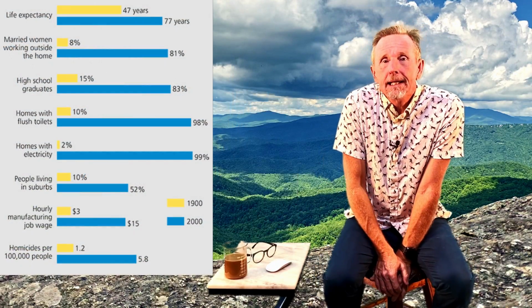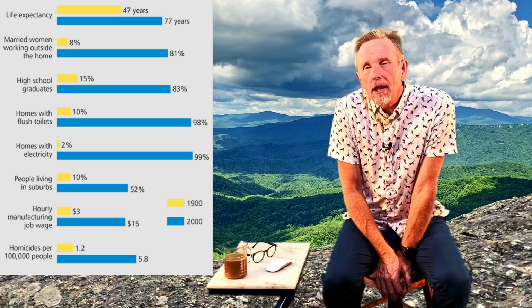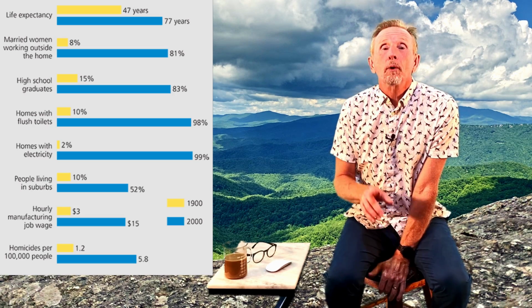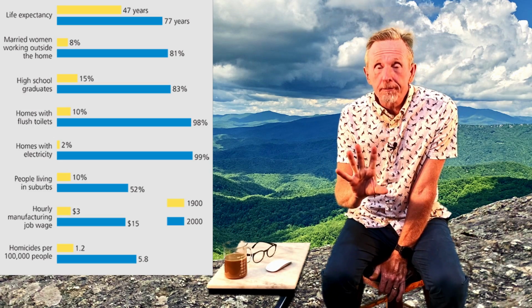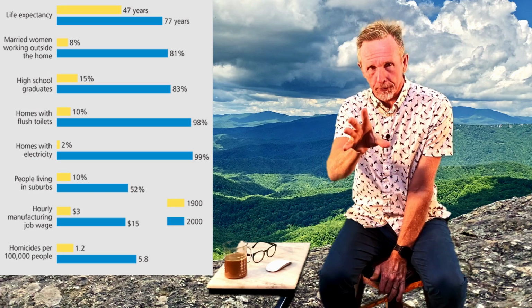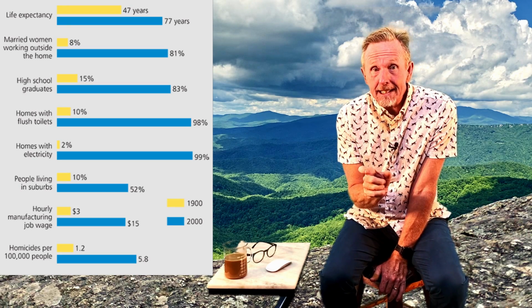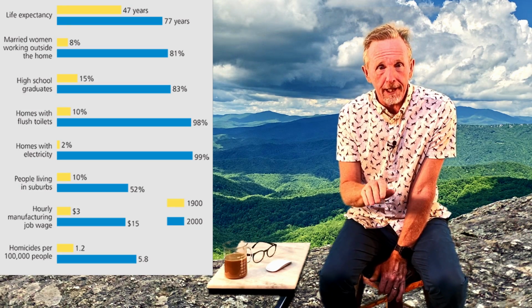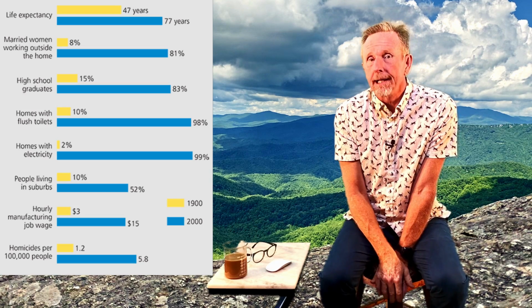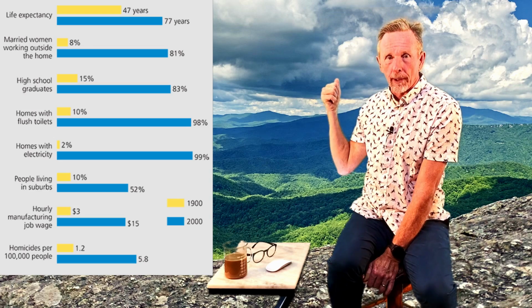Up here again, if you look at this chart in the yellow and blue, and I realize yellow might be a little hard to see, but we're looking at the changes between 1900 and the year 2000. So we just took the year 1900, collated the data, and the year 2000, and this is what we have.